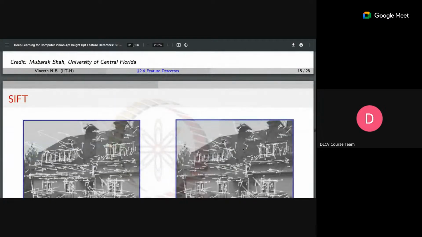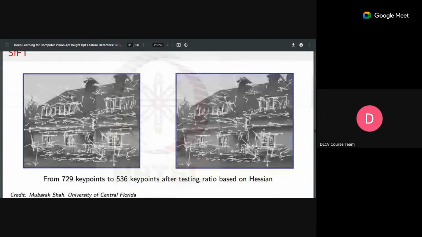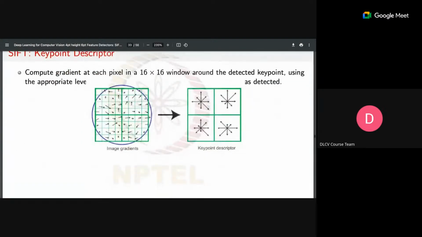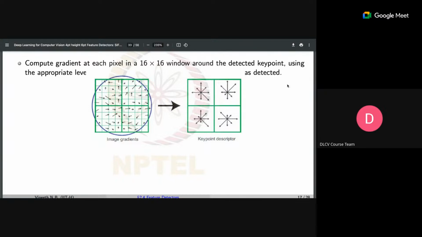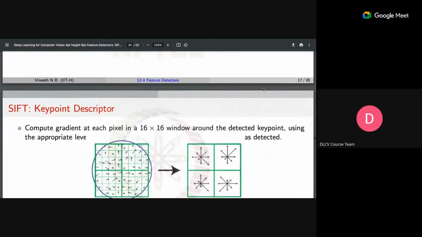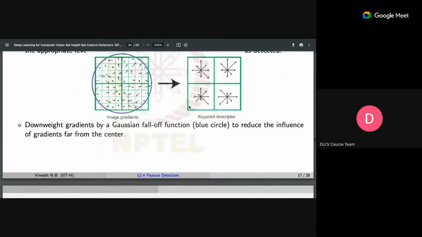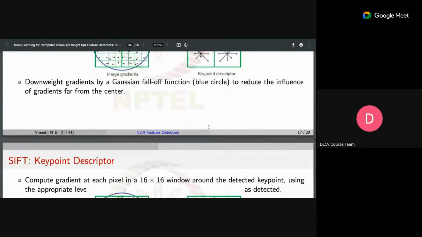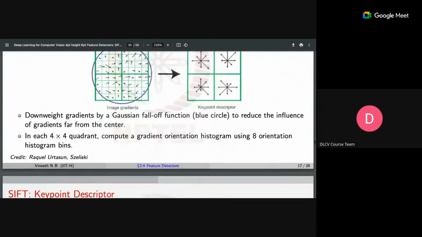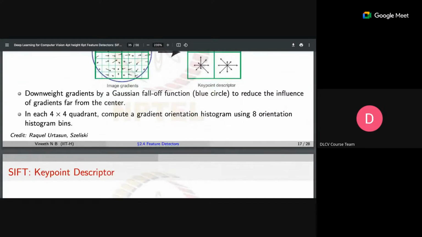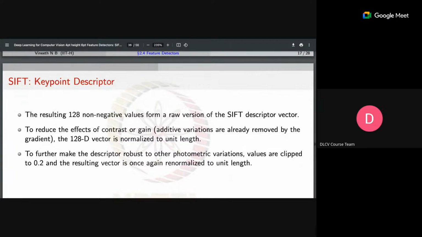Like in this region, we'll take a 16 by 16 window here. Downweight the gradient by a Gaussian fall-off function to reduce the influence of far-away gradients.